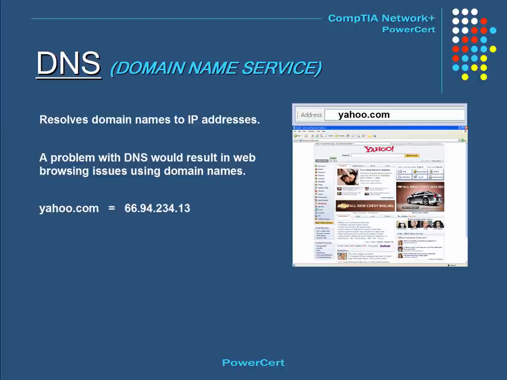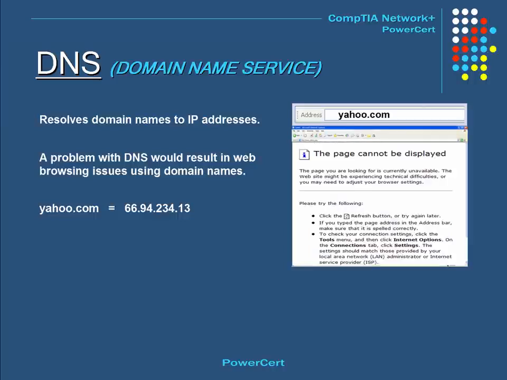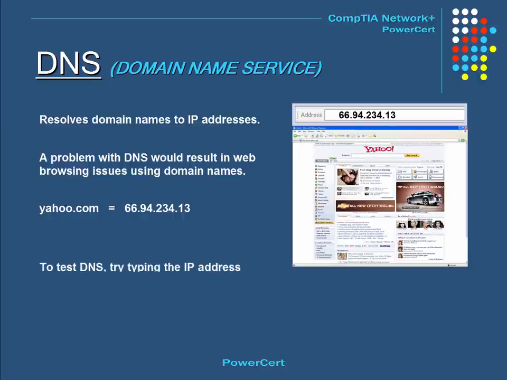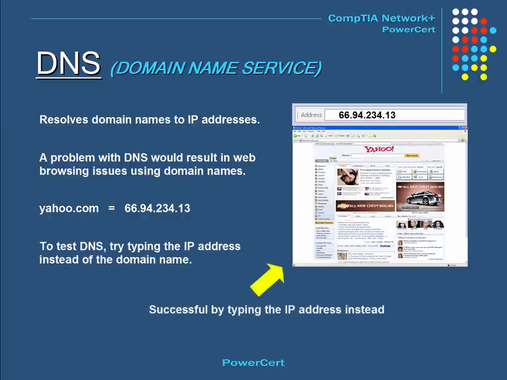For example, yahoo.com would be resolved to the IP address 66.94.234.13 by a DNS server. But if a DNS server was not present, you would not be able to access the Yahoo website using the domain name yahoo.com. You would only be able to access the Yahoo website by typing in the IP address instead.